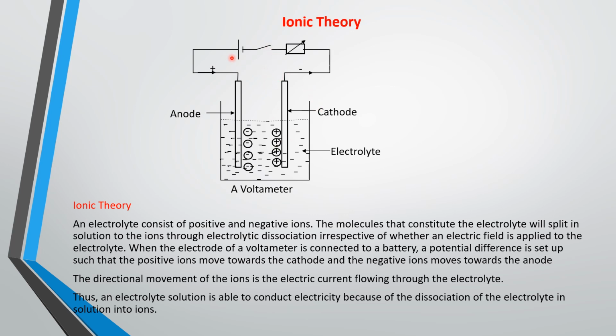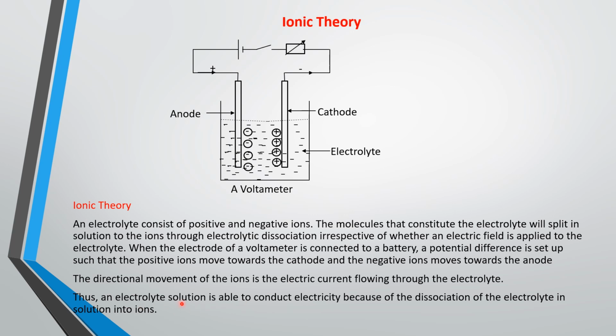When the terminals of the electrodes are connected to a battery as shown in this picture, a potential difference is set up, so that the positive ions move to the cathode, which is the negative electrode, and the negative ions move to the anode, which is the positive electrode, as shown in this diagram. This directional movement of the ions constitutes the current that flows through the electrolyte.